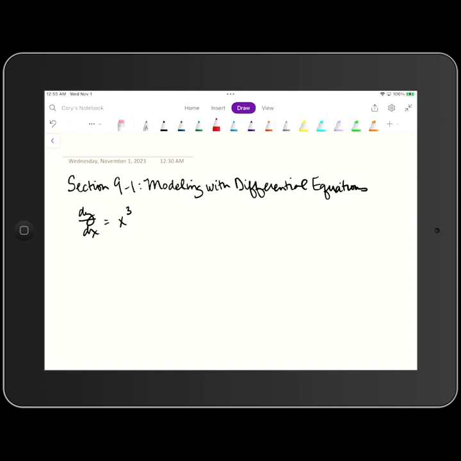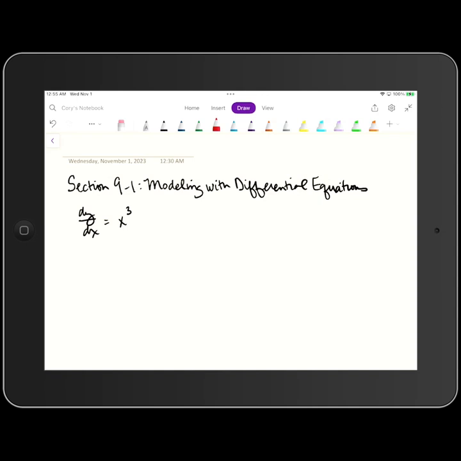Okay, so we've already looked at differential equations like the one we have listed here, where dy over dx is equal to x cubed. And we've looked at how if we start with a differential equation, we can use the antiderivative to find the function whose derivative is x cubed.